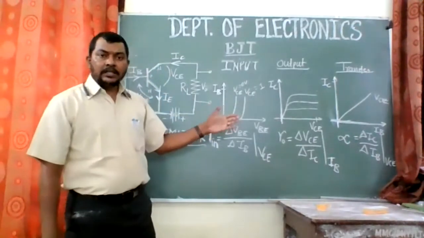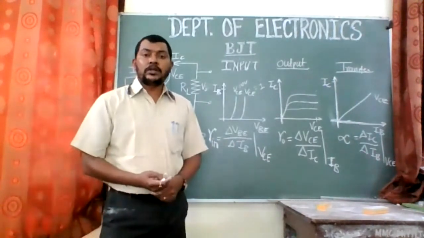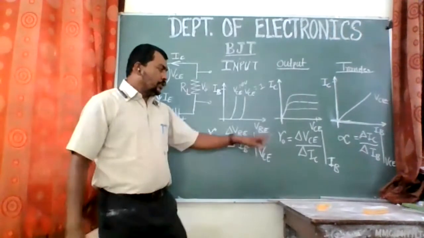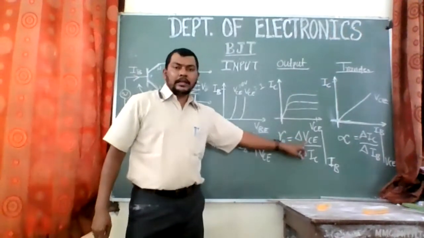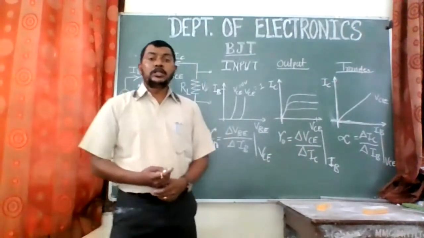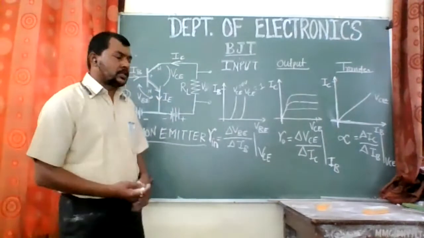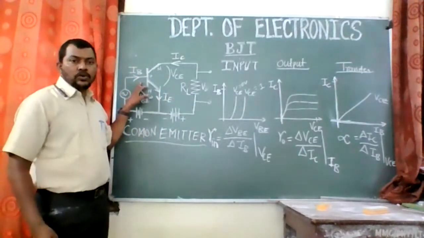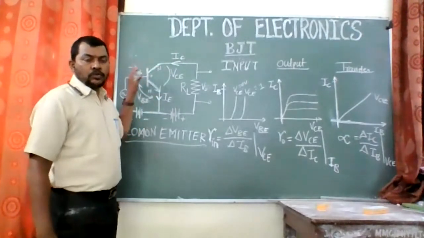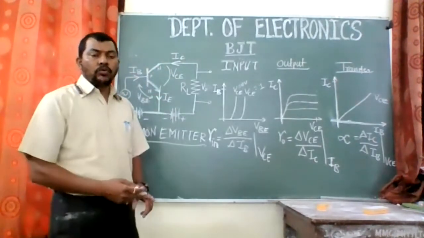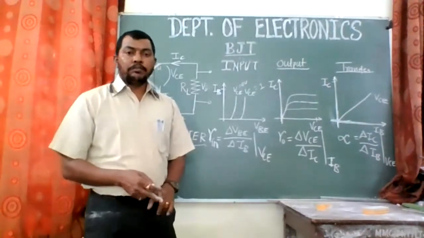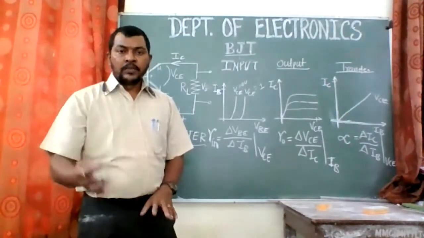So the output resistance in common emitter configuration is defined as the ratio of change in collector emitter voltage to the change in collector current at constant base current. We keep the base current constant while taking the output characteristics, at 0 amperes, 20 microamperes, 40 microamperes, 60 microamperes, and so on.